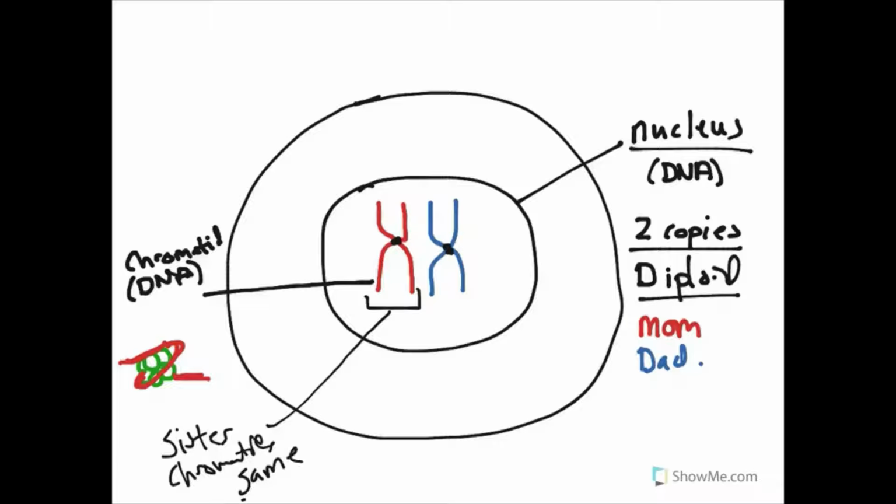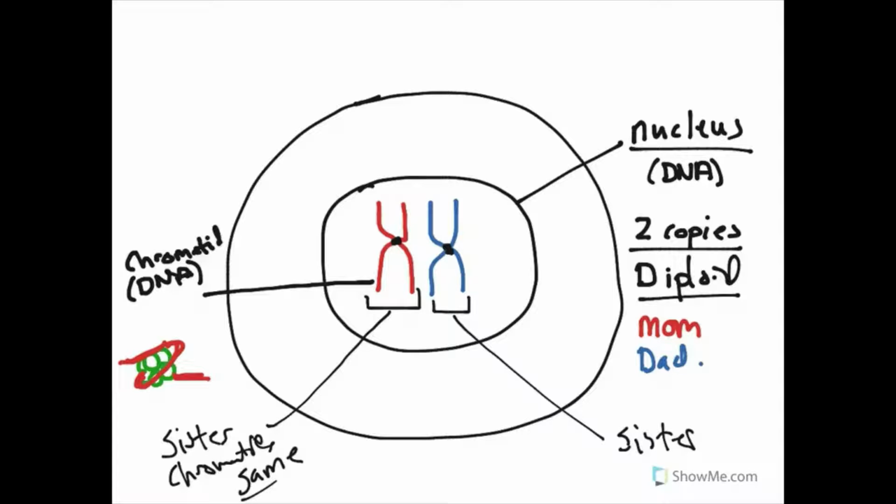They are the product of DNA replication. So they are DNA replication products. Now over here we would have another set of sister chromatids on the blue chromosome, on the paternal chromosome. So both of those would be sisters as well.